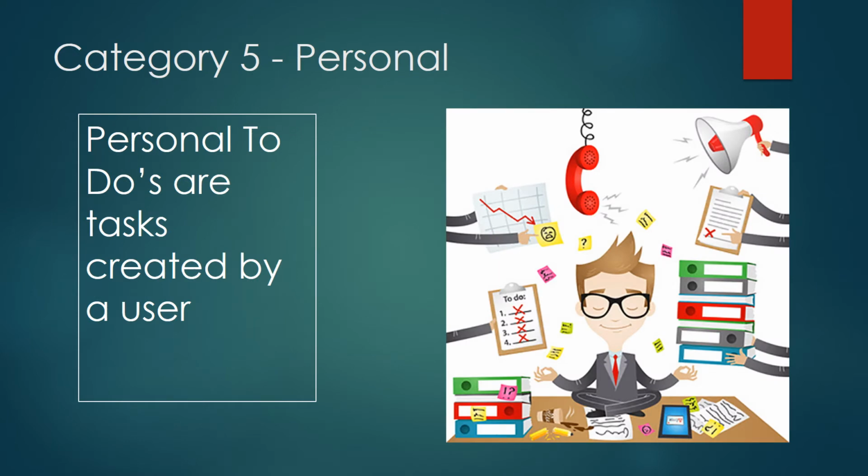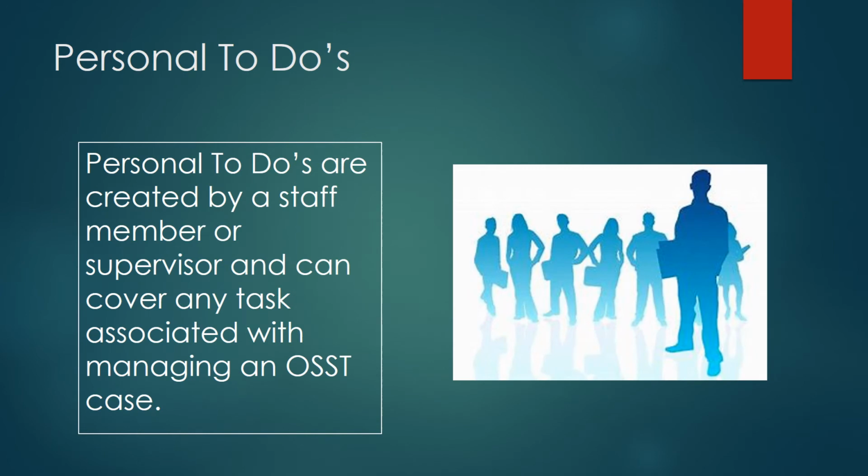Category 5, personal to-dos, refers to tasks created by a specific user in OSST, not necessarily related to a case, and may also be created by other users in OSST like supervisors or other career specialists. Personal to-dos are created by a staff member or a supervisor and can cover any task associated with managing an OSST case.